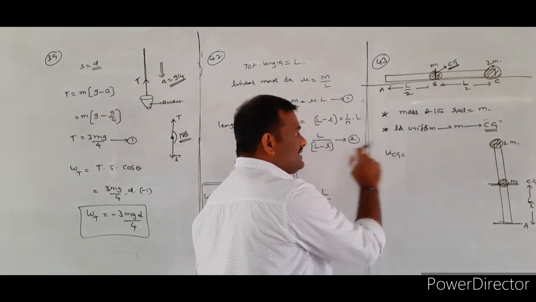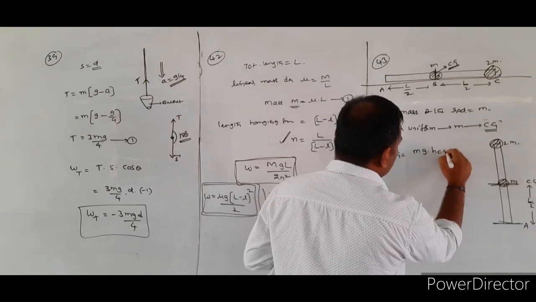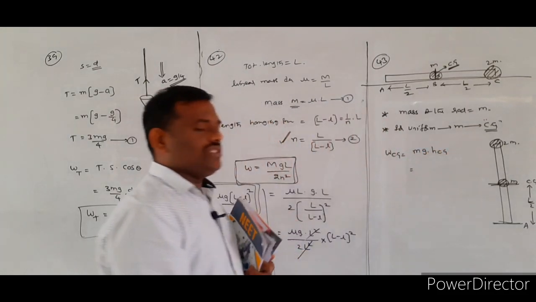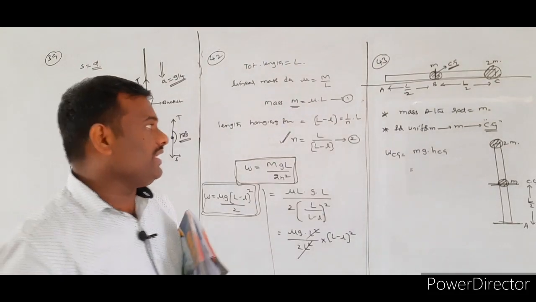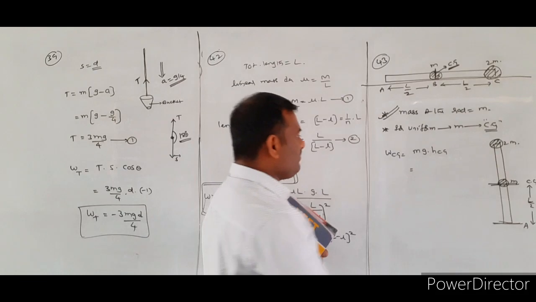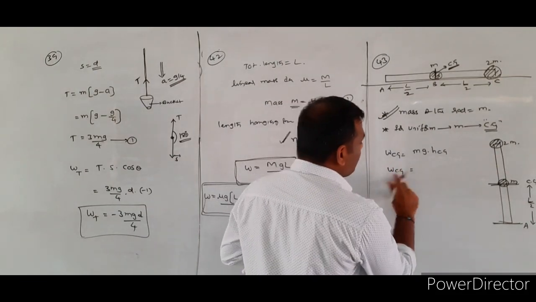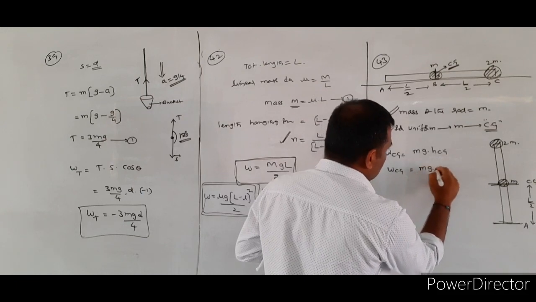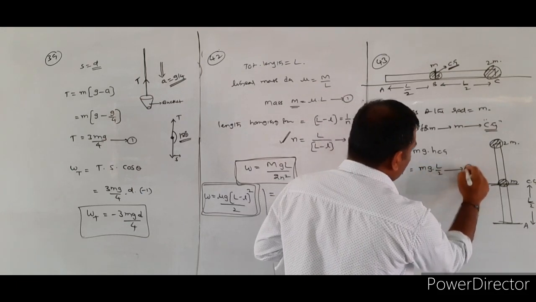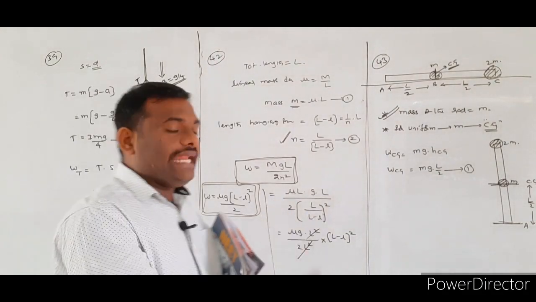Therefore, the work done for the center of gravity is m into g into the height raised by the center of gravity. Already they told the mass of the given rod is small m. Therefore, the work done for the rod is m into g into L by 2. That is the first work done, related to the rod.